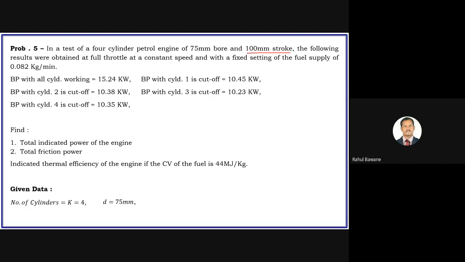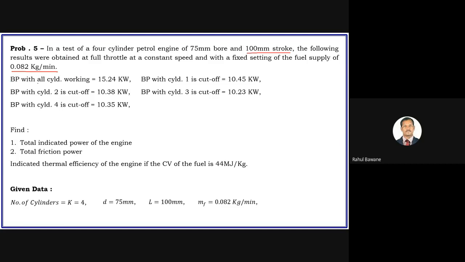So bore diameter is given and stroke length is given. The following results were obtained at full throttle at constant speed with a fixed setting of fuel supply of 0.082 kg per minute. So MF is given as 0.082 kg per minute.